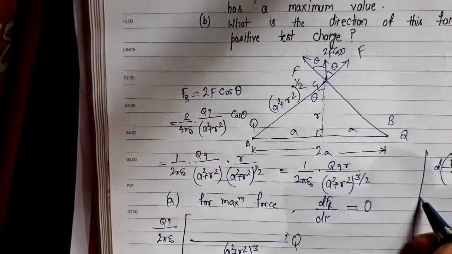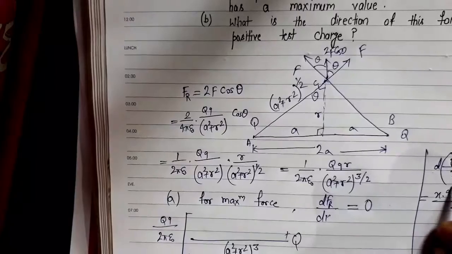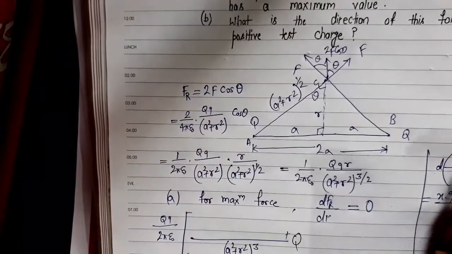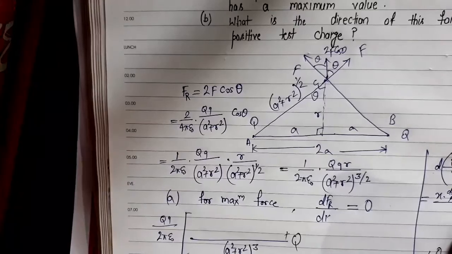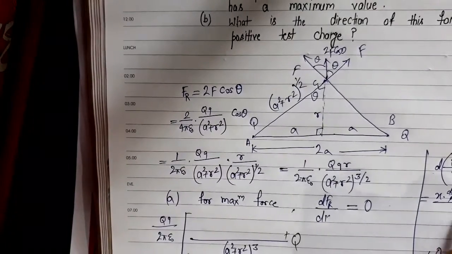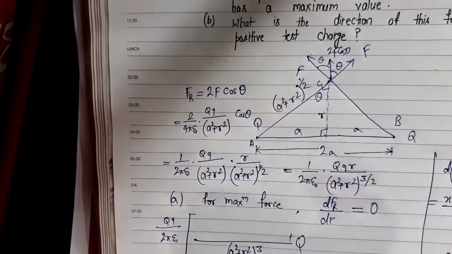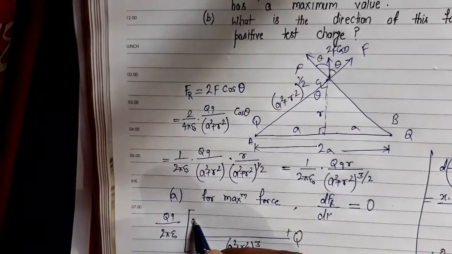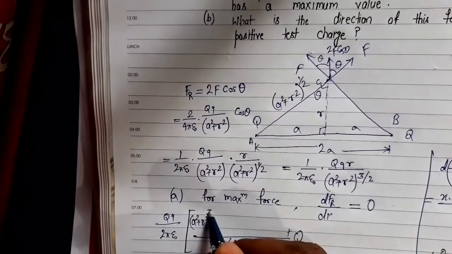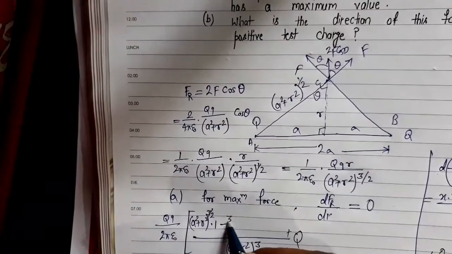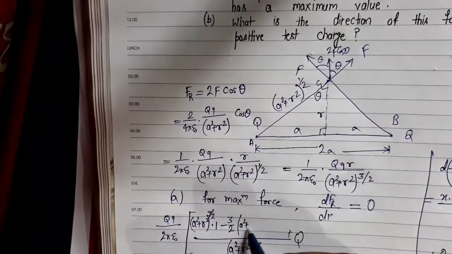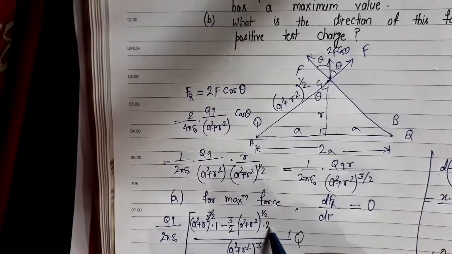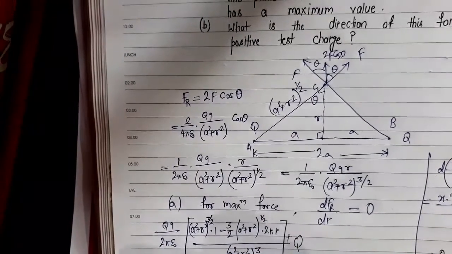We use the quotient rule: the denominator times the derivative of the numerator, minus the numerator times the derivative of the denominator, all divided by the denominator squared. In the same way, we get a square plus r square to the power 3 by 2 into 1, minus 3 by 2 into a square plus r square to the power 1 by 2 into 2r into r. Okay, so this is right.